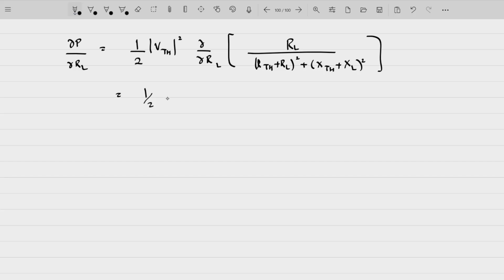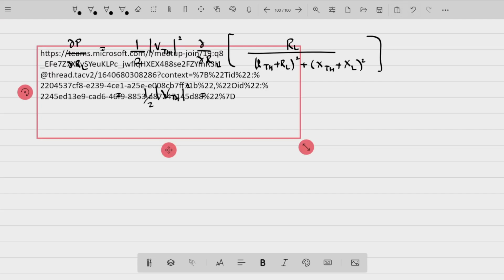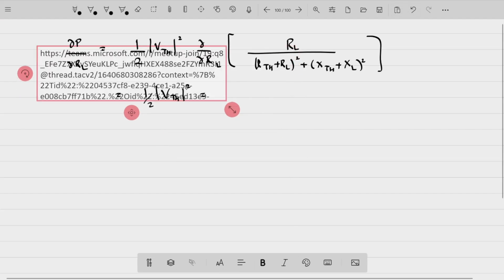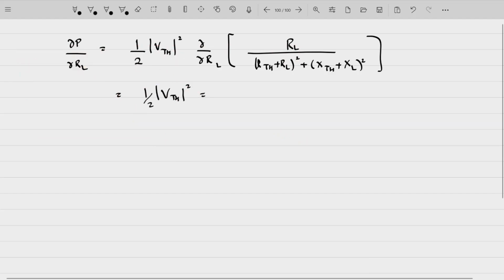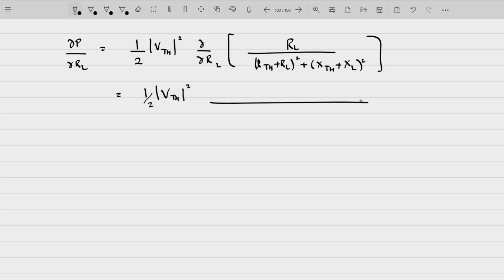Once we differentiate this, it comes equal to 1 half of VTH squared into the differentiation of this, with the denominator RTH plus RL squared plus XTH plus XL squared, using the differentiation of U by V.